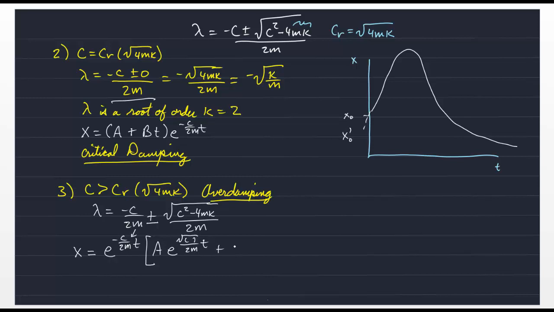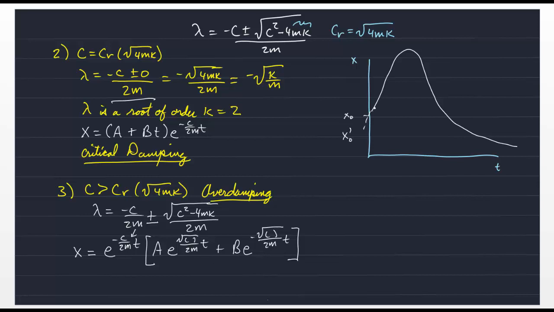So this is the positive exponential growth term. And then we have the negative square root, which represents another exponential decay term. And note that since we have real exponents, a positive exponent and a negative exponent, this could equivalently be stated as a sum of a hyperbolic cosine and a hyperbolic sine.